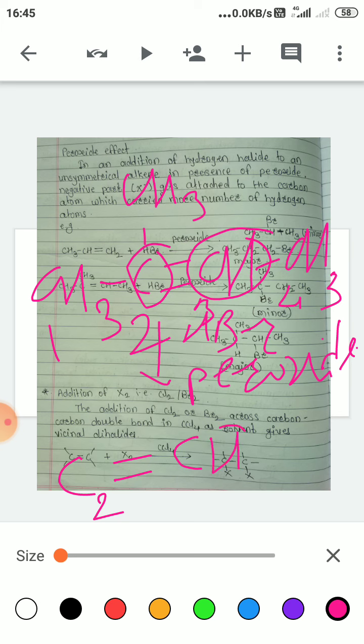Now this carbon carries one hydrogen atom while this carbon atom doesn't carry a hydrogen atom.